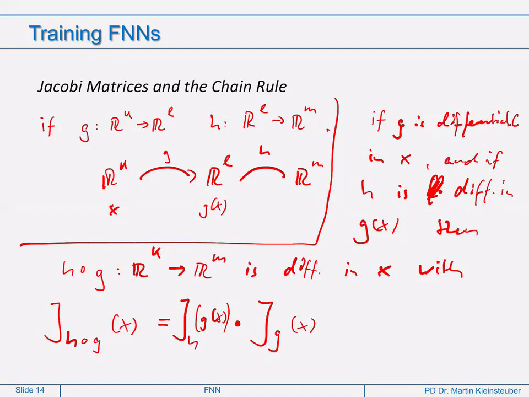Right? This is the chain rule, and this is what we need. So we have this matrix multiplication of both Jacobi matrices.